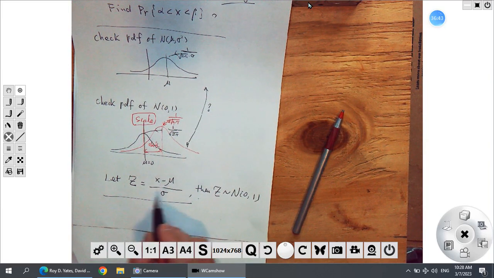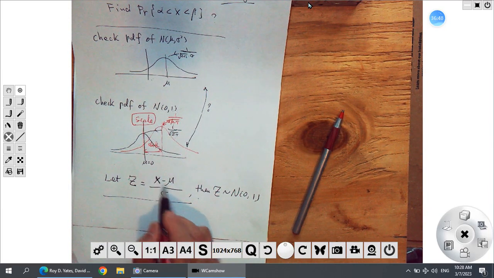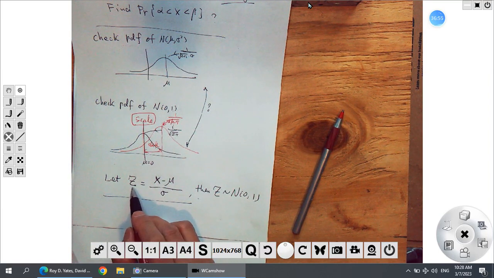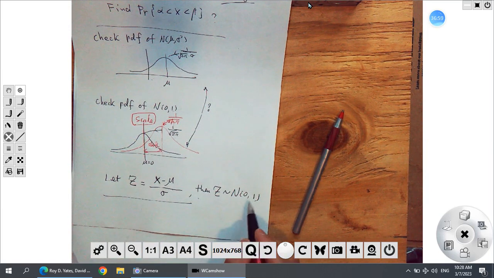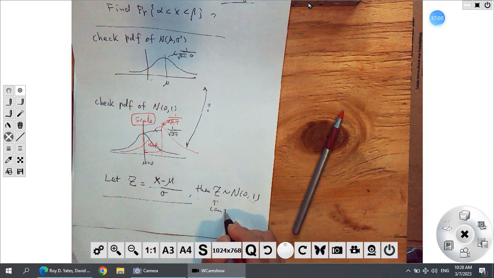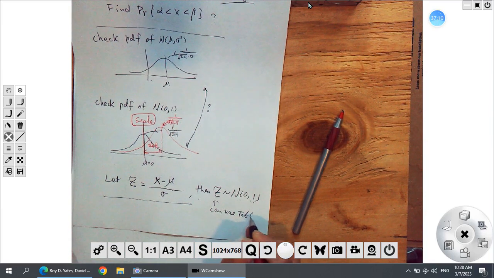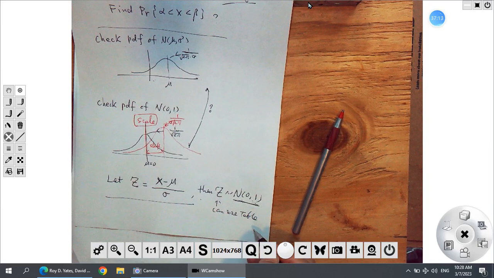Now any normal Gaussian distribution with sigma and mu as parameters, you shift by mu and scale by sigma, and you have another random variable Z. This Z will be the standard Gaussian, standard normal. That's very good, and this one can use the table. Our table is for this one, so we can just work like this.